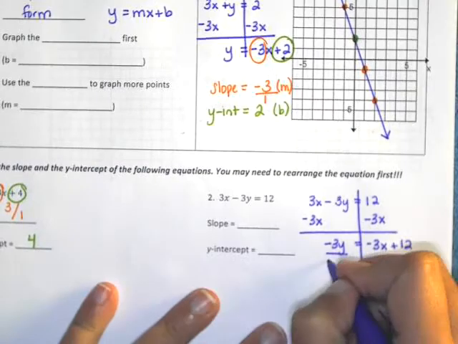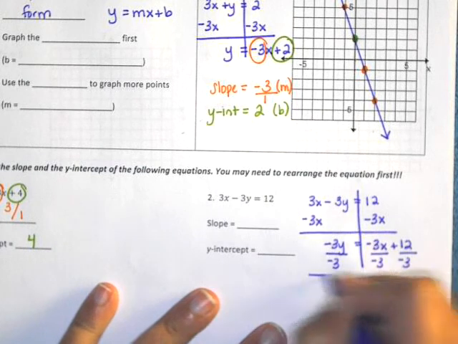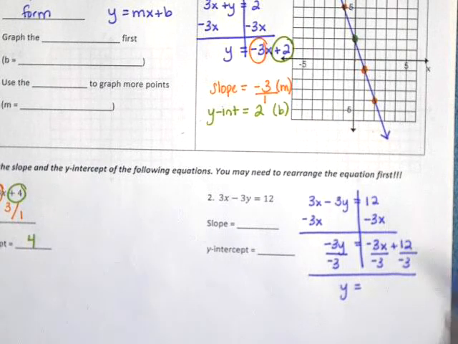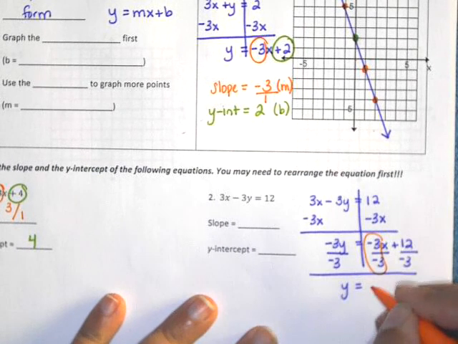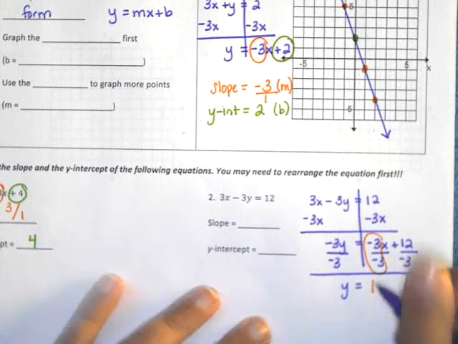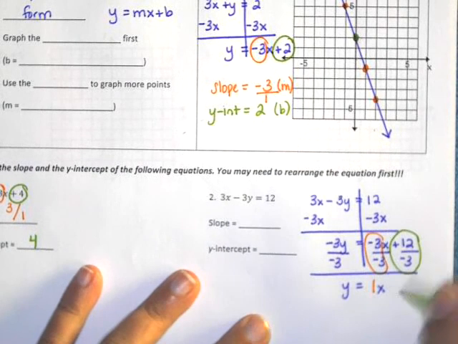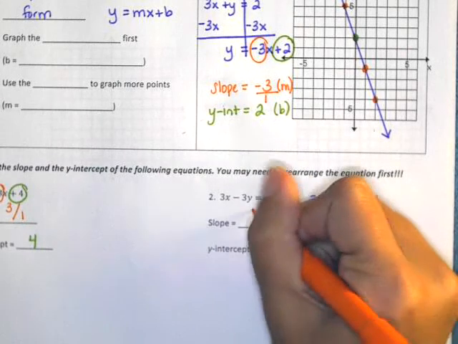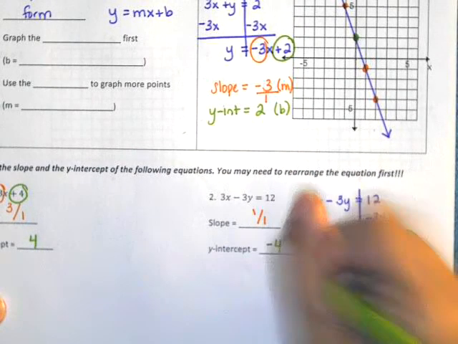Now I'm going to divide everybody by negative 3. And when I do that, I get y equals, now 3 divided by 3, negative 3 divided by negative 3 makes a positive 1, x, and 12 divided by negative 3 makes negative 4. So based on my new rearranged equation, my slope would be 1 over 1, and my y-intercept would be negative 4.